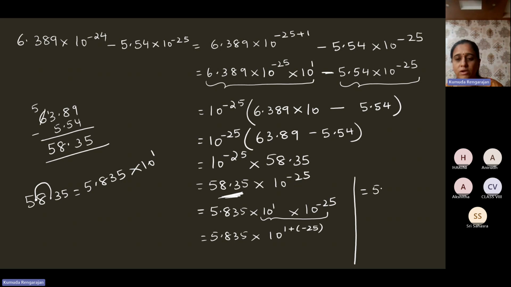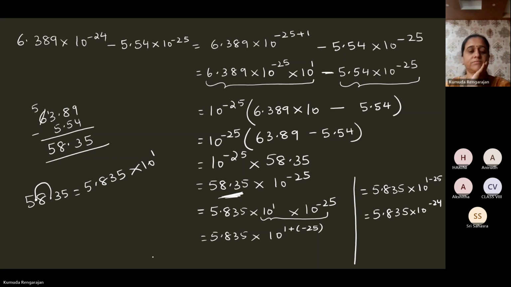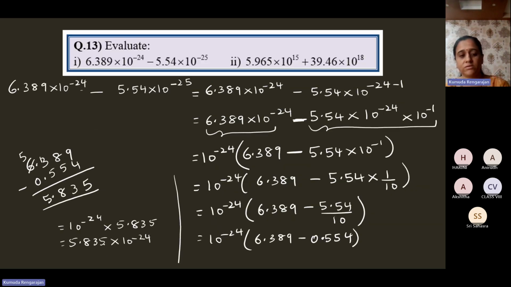So it is 5.835 into 10 to the power 1 minus 25, which is 5.835 into 10 to the power minus 24.